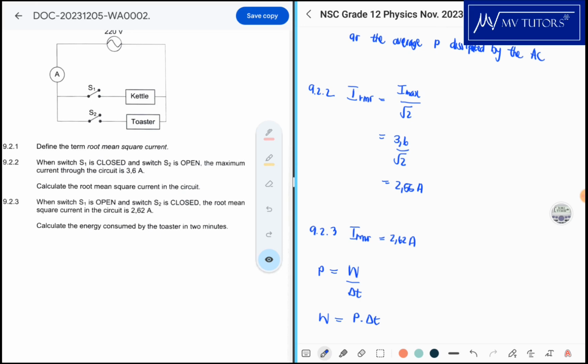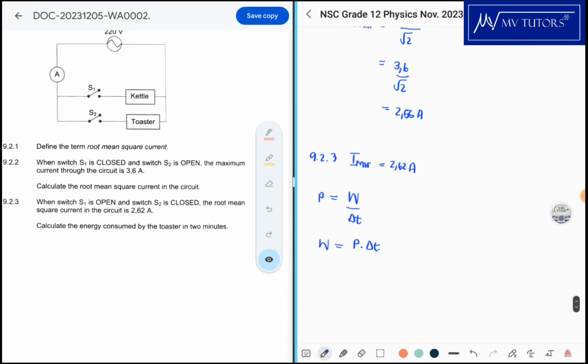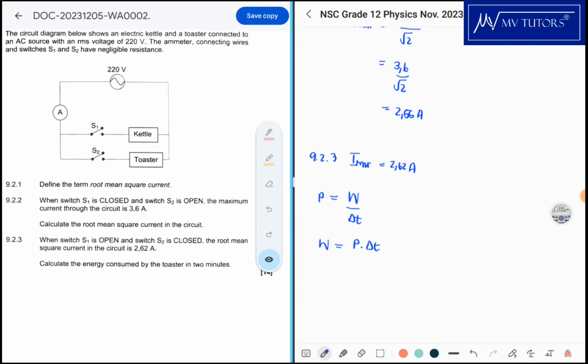Okay, so now power, remember we have several equations for it. We have voltage times current. If you have resistance, then you can deal with that. But just a reminder, what they've given us here is the voltage, which is 220. So I would go with the definition of voltage times current.